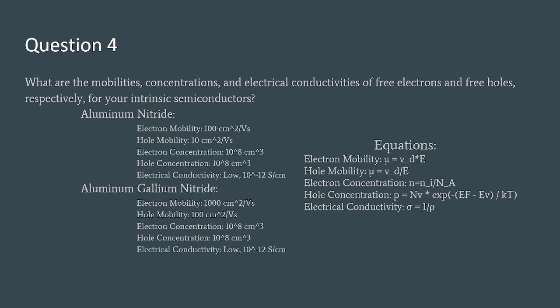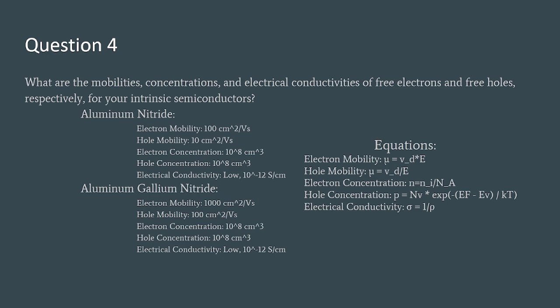To get the electron mobility for aluminum nitride, we used the first equation, which gave us 100 centimeters squared per volt second. Using the second equation, we were able to gain the hole mobility, which was 10 centimeters squared per volt second. Using the third equation, we got the electron concentration, which was 10 to the 8 per centimeter cubed.